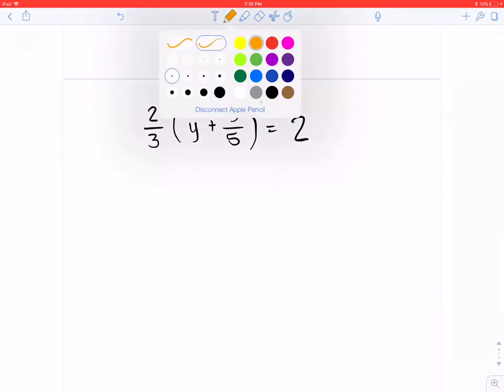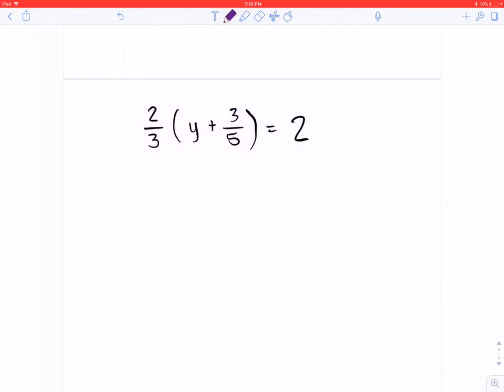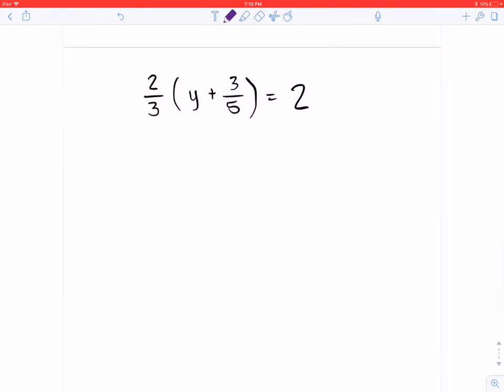Trying to give you an array of different levels of challenging. So here I have a 3, a y, which would be over 1, a 5, and a 2, which would be over 1. So my two denominators are 3 and 5 because 1 will work with anything. It's super friendly.